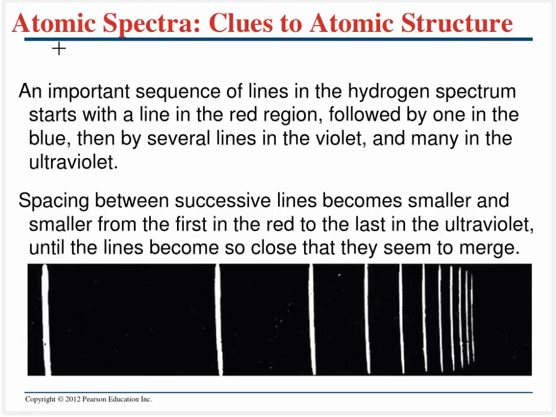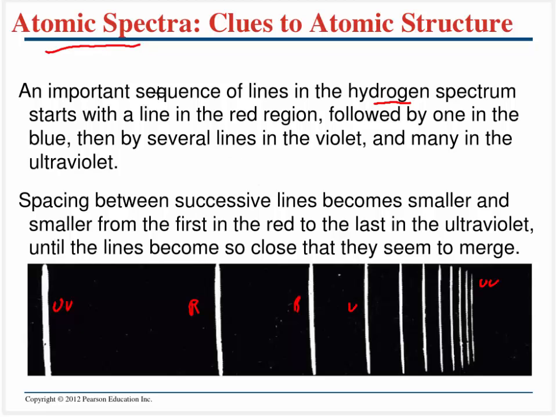And the key to that is to take a look at atomic spectra, which is essentially shining some light onto some hydrogen and seeing what color light comes flying out of that box. And something that people observed is that if we were to look at the colors that came off of hydrogen, or the hydrogen spectrum, we were going to see some light in the UV, just like we observed, and then we're going to see several distinct lines where we're going to have some red lines, some blue lines, some violet lines, all the way up into ultraviolet.